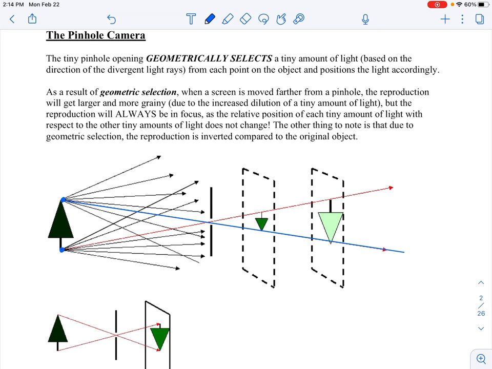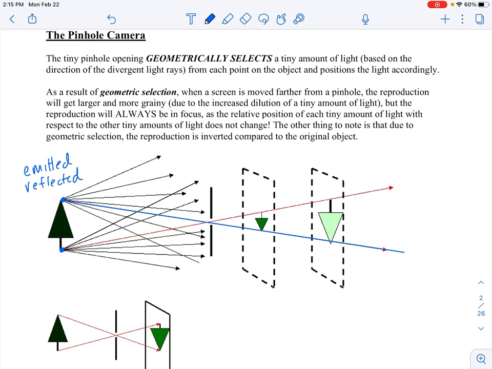I usually pick the top and the bottom as my representative points. Then the light coming from that object, whether it's being emitted, like from a light bulb, or being reflected, like from just an ordinary object that's reflecting light, that's what we see. We see these light rays that are either being emitted or reflected.